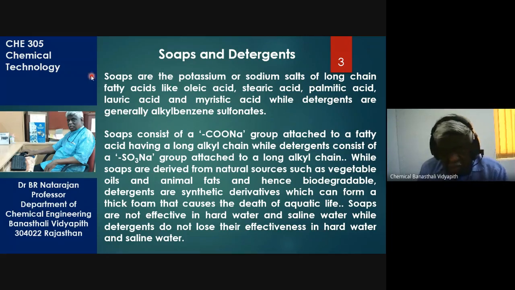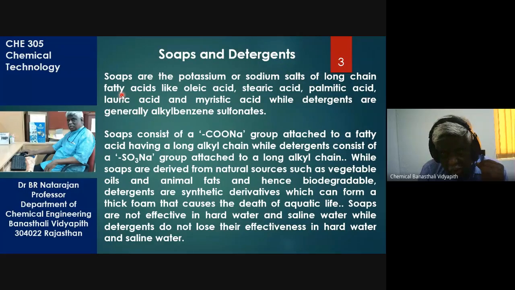But soaps, these are all fatty acids: oleic acid, stearic acid, palmitic acid, lauric acid, myristic acid. Many, say coconut oil, etc., contain some of these fatty acids, right? So making a soap is nothing but converting this fatty acid into potassium or sodium salt.